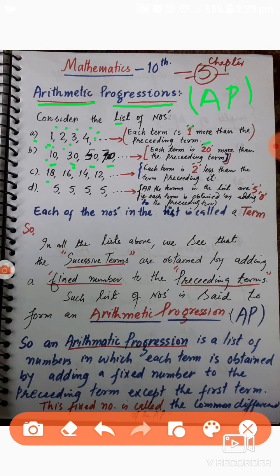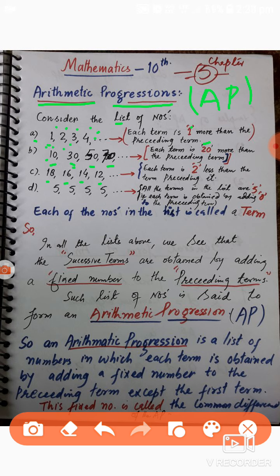Similarly, over here the terms are 18, 16, 14 and 12. Here we see that 16 can be obtained by subtracting 2 from 18, that is the first term. So every succeeding term can be obtained by subtracting 2 from the preceding term. So every term is 2 less than the preceding term.